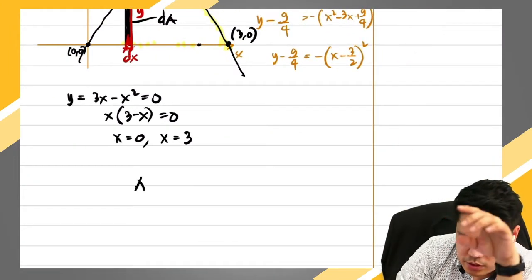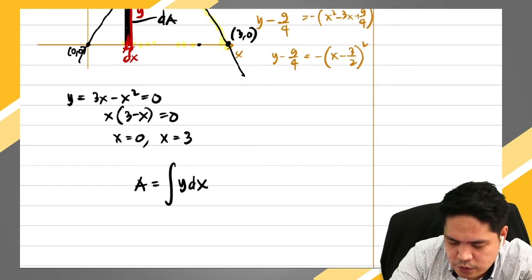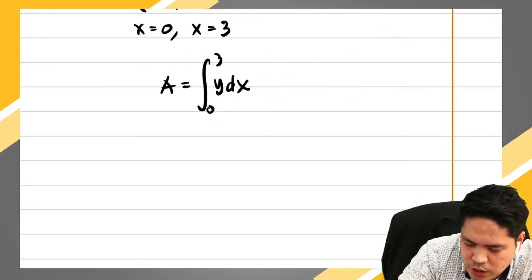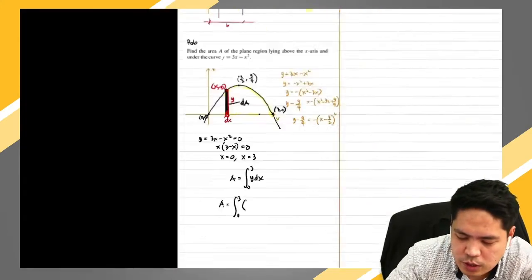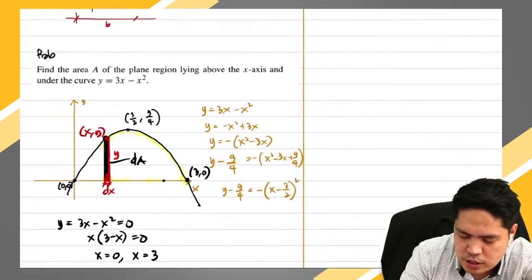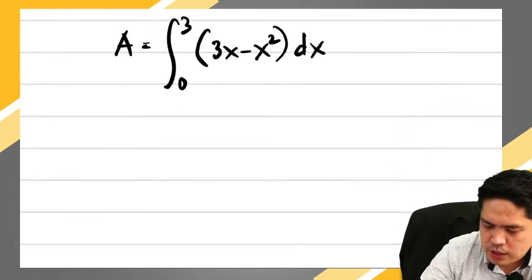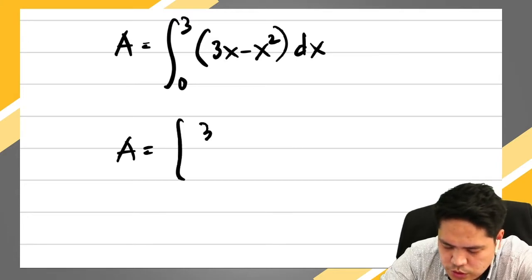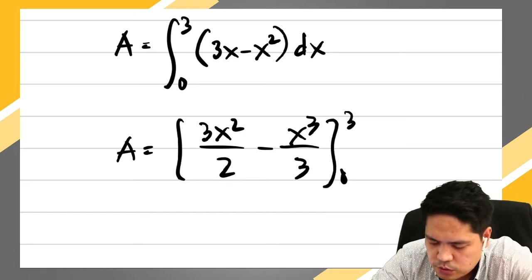Hence, our equation is still the same. Area is equal to the integral of the differential area, which is y dx, from 0 to 3. So we have area equal to the integral from 0 to 3 of y dx. What is our y? Our given y is 3x minus x squared. So, the integral of 3x minus x squared dx. And there is no more challenge. So I have area equal to 3x squared over 2 minus x cubed over 3 from 0 to 3.